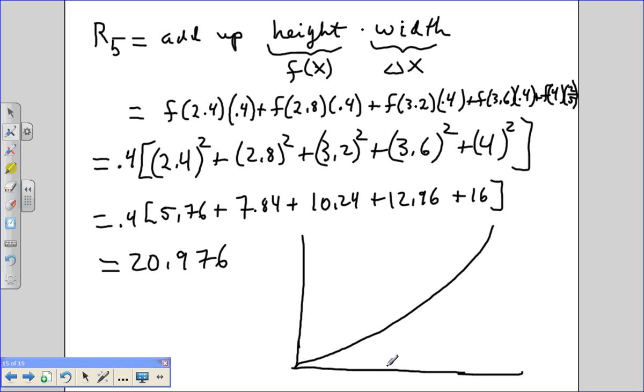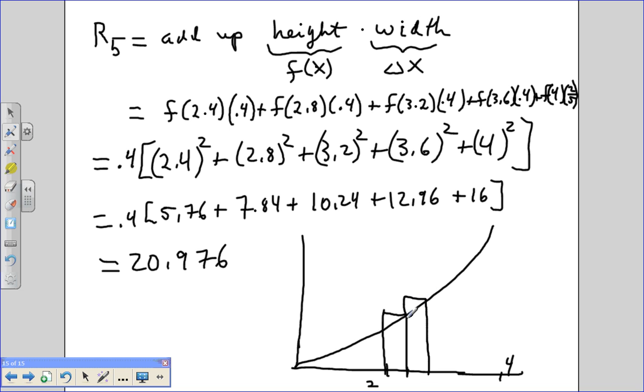If I make a rectangle from 2 to 4, my first rectangle, if I take a right-hand endpoint, is going to come up here and over, and it's going to be an overestimate.